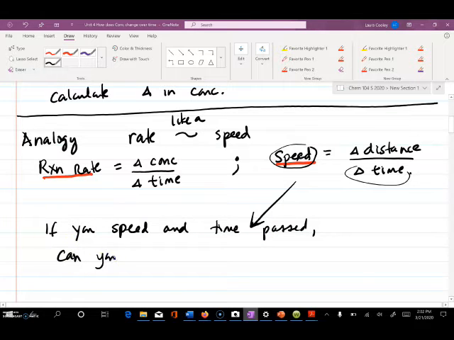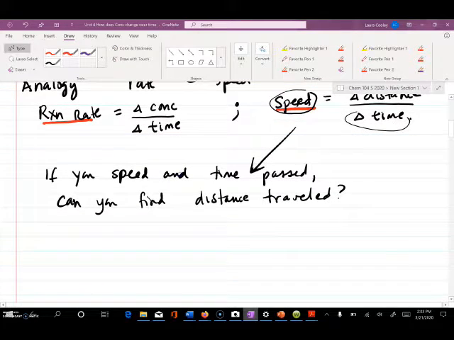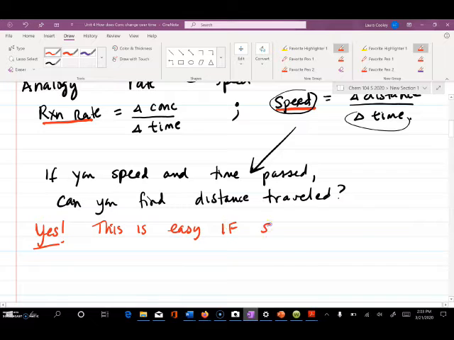Can you find the distance traveled? Okay, so how would you do that if you could? So I would say, yes, you can do this. Okay, that's easy if the speed is constant. So this is easy if the speed is constant.